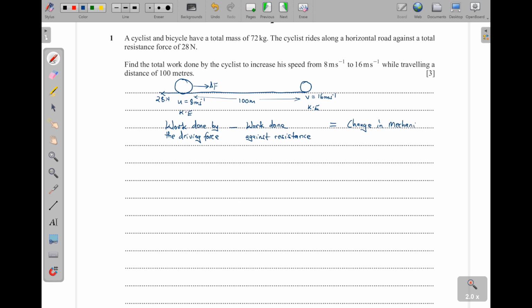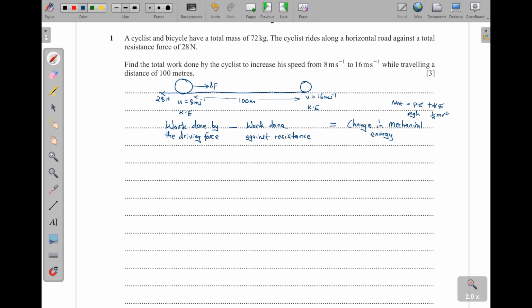Mechanical energy is potential energy plus kinetic energy. Kinetic energy is a half mv squared, and potential energy is mgh. But we don't have potential energy, so the change in mechanical energy is due to the change in kinetic energy.